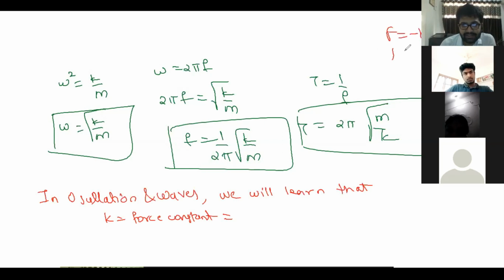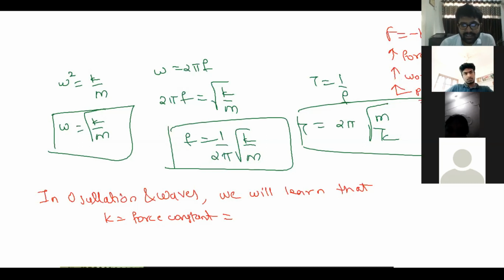Force exists, so you do work against some force. Since force exists, work will exist because displacement exists. This work is converted into potential energy. So potential energy exists.